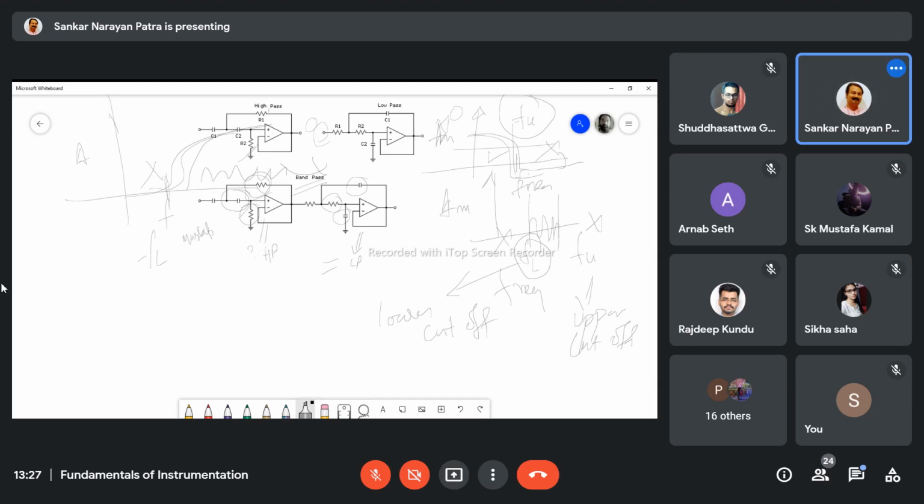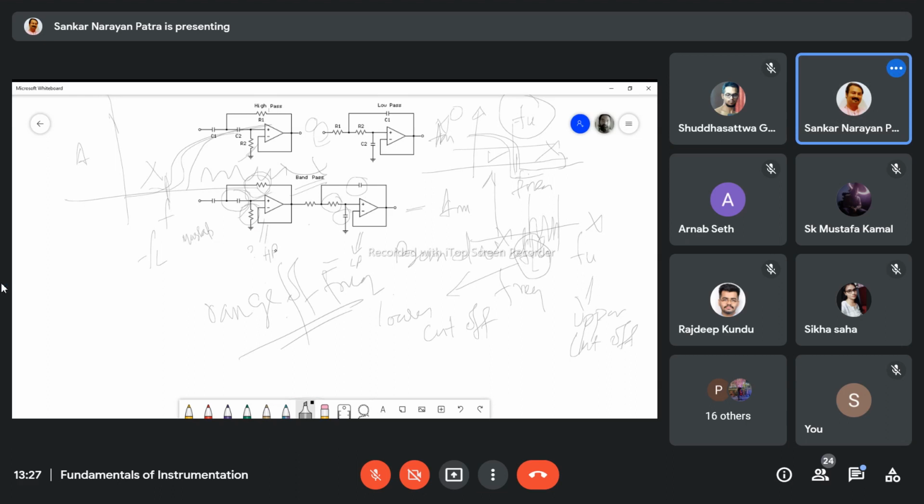But in case of band pass filter, within the lower cutoff and the higher cutoff, all frequency signals will be allowed. So this is the range of frequency that will be allowed, or you can say there will be a bandwidth.